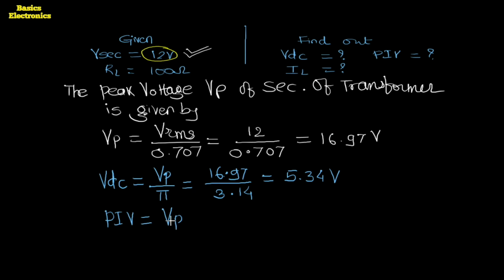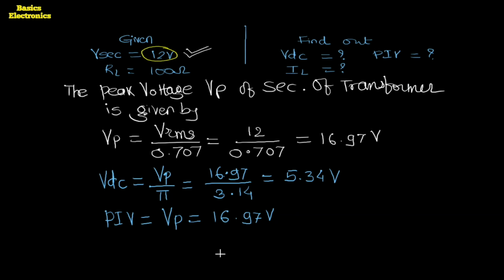For half wave rectifier, it is the Vp, because only Vp is available at the diode when it is in a reverse bias condition. So its value is equal to 16.97 volts. The diode we have to use must have the PIV rating equal to 16.97. If the diode has a PIV rating less than 16.97, then the diode fails. So to avoid the failure of the diode, we require to use this PIV rating of the diode.